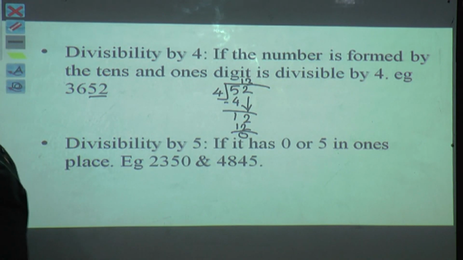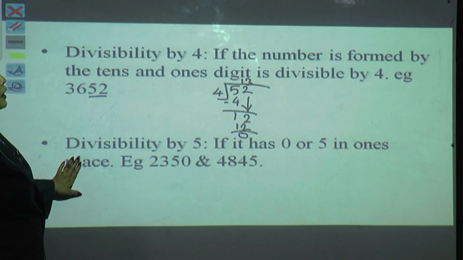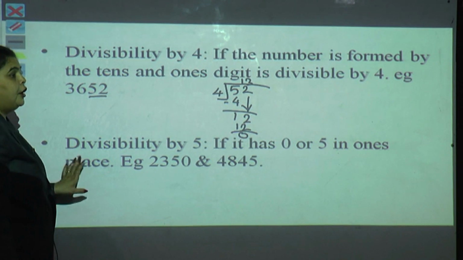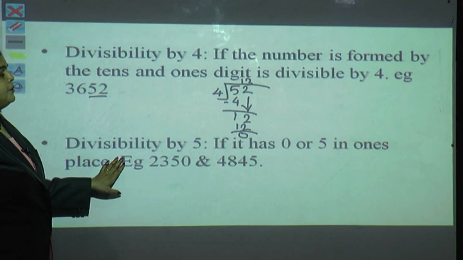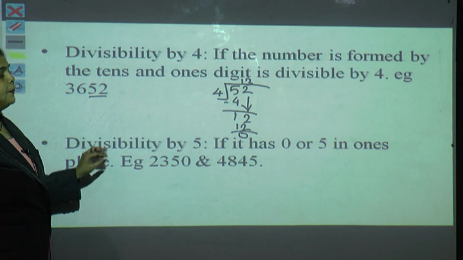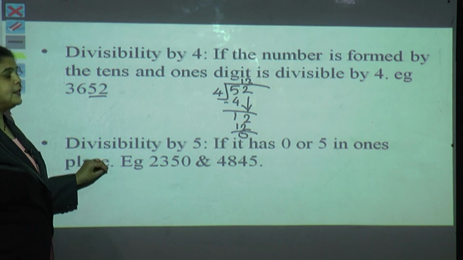So you should know the rules. What are the rules for 2? Divisibility of 2, divisibility of 3, divisibility of 4 we are learning. Now we will learn the divisibility by 5. It is very easy to learn the divisibility of 5. Very simple tricks, very simple rules are given.